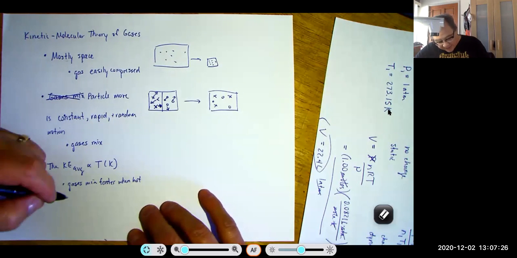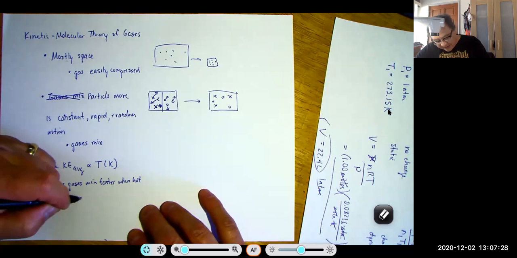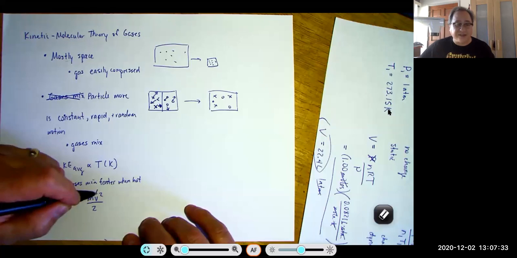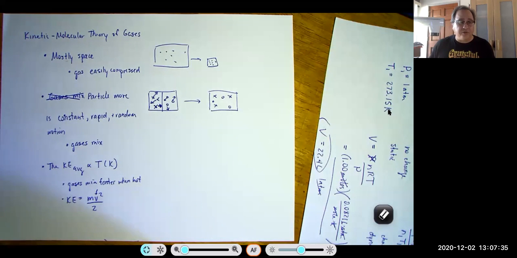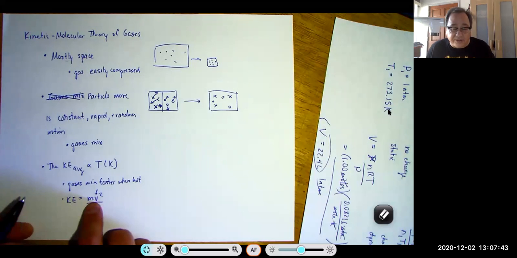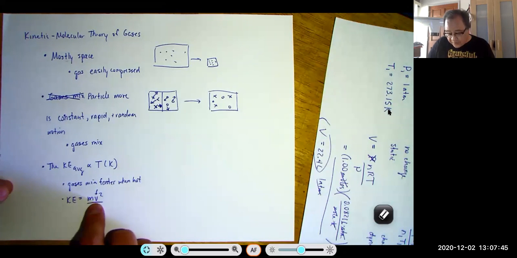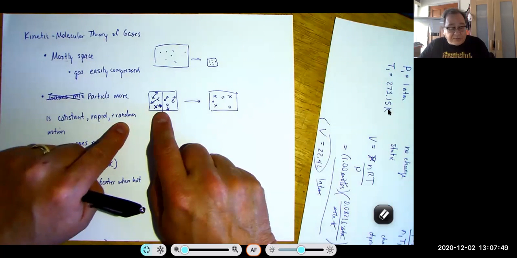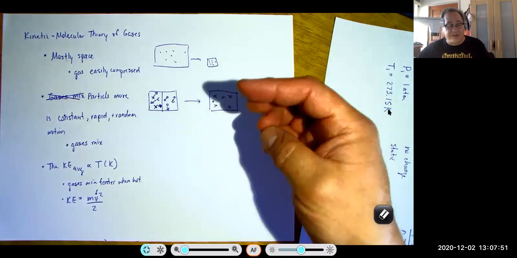The reason is that kinetic energy is mv squared over 2, where v is the velocity. When you increase the temperature of a gas, you're increasing its kinetic energy. When you increase its kinetic energy, you increase its velocity. When you increase its velocity, this constant, random, rapid motion becomes even more rapid, so they mix faster.